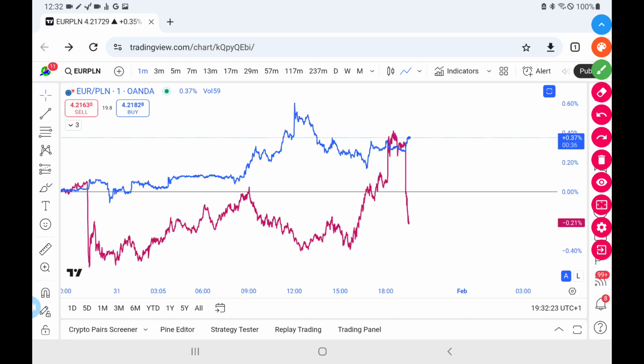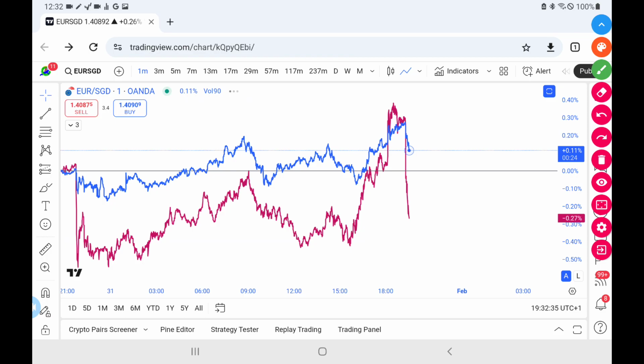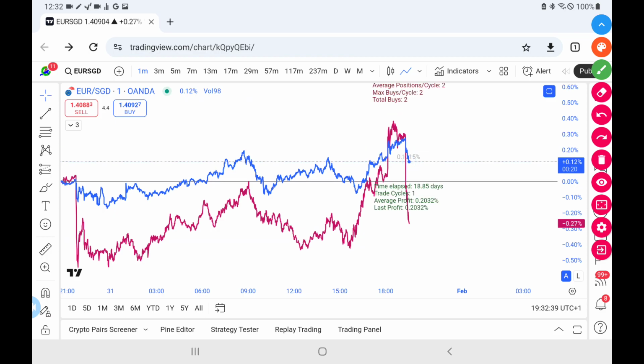Here is another exotic with obscene levels of spread. If it wasn't for the spread, it would be a good candidate. Always take into account your spread. That is critical.